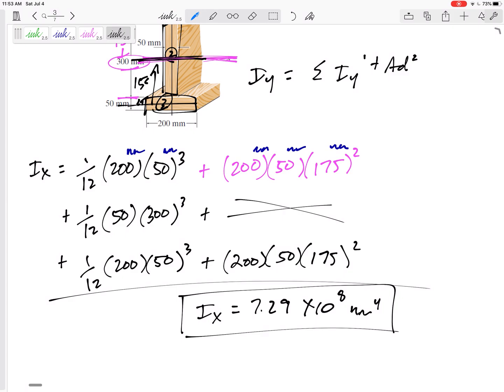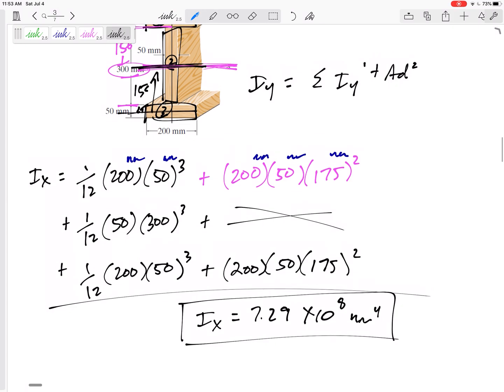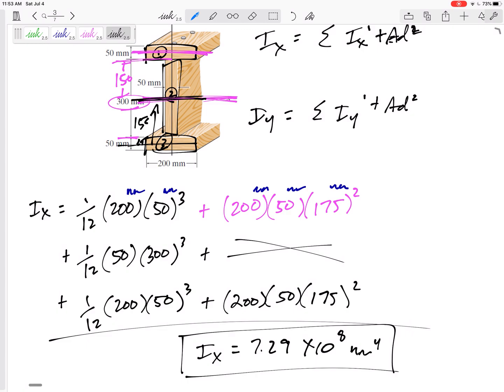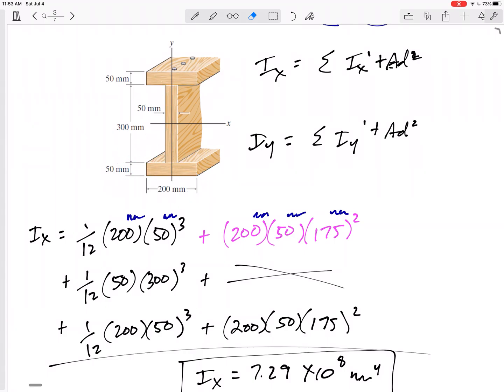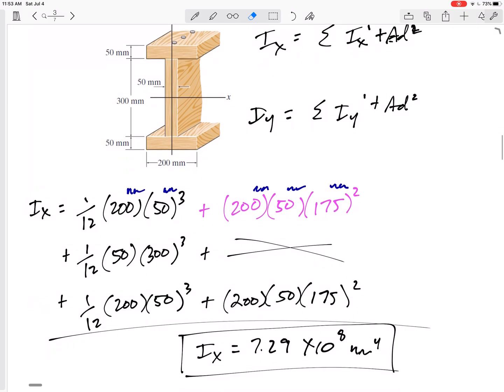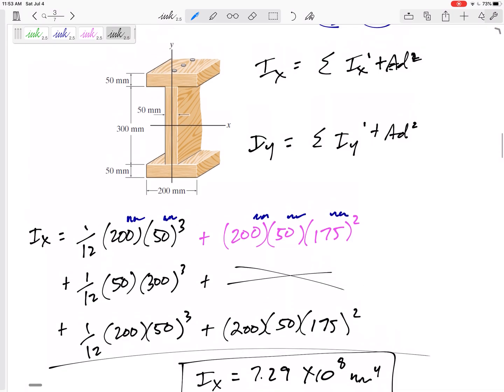One thing here: be able to do composite bodies where you have a shape that is cut out, where you have a hole. If something was cut out, you would subtract its I and Ad squared.